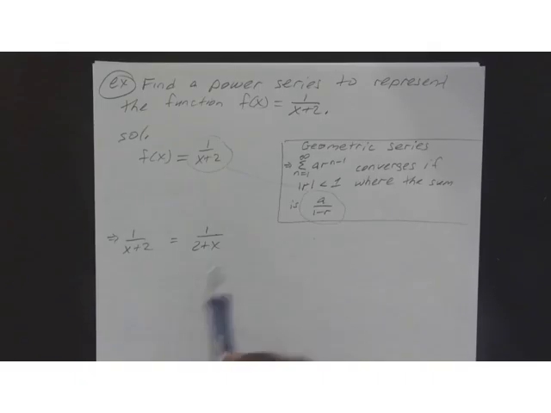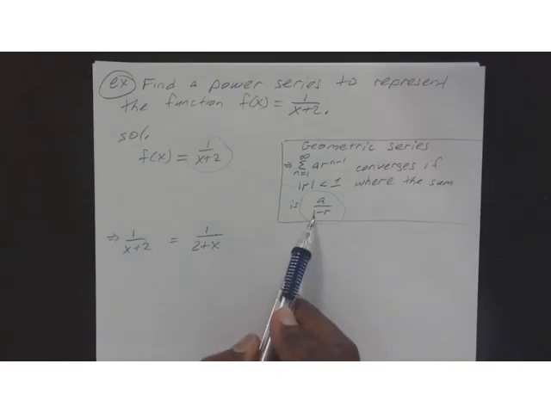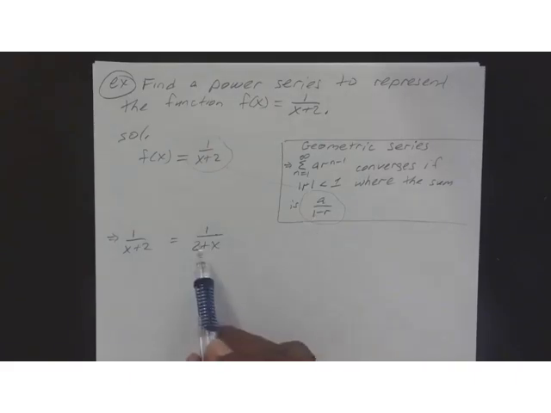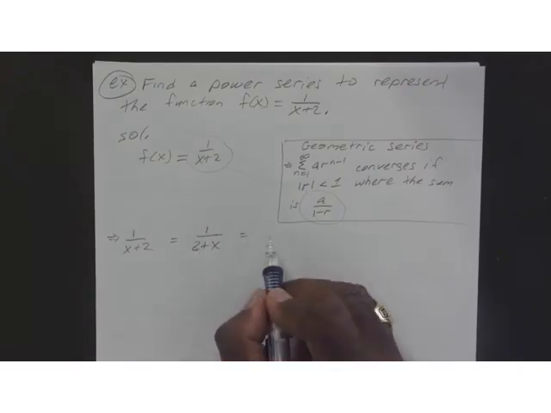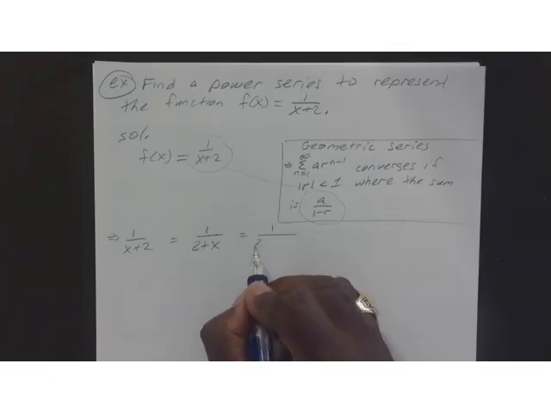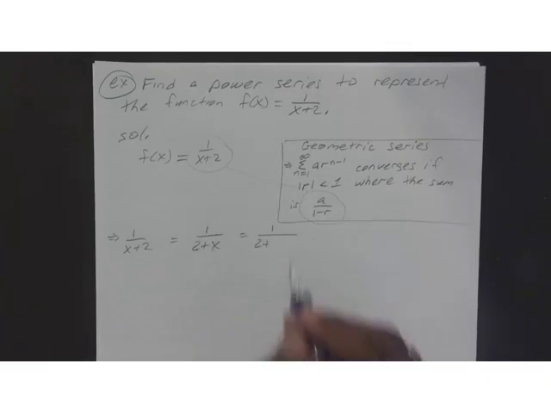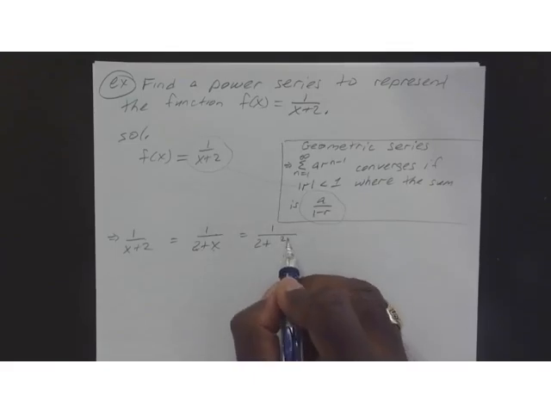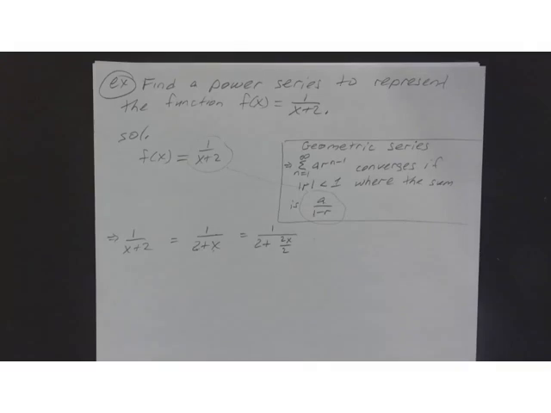Okay, so we want this first term to be just 1, which means we're going to have to factor out a 2. So we're going to rewrite that again as 1 over 2 plus, and instead of x, we're going to make it 2x over 2, just so we have something to factor out.